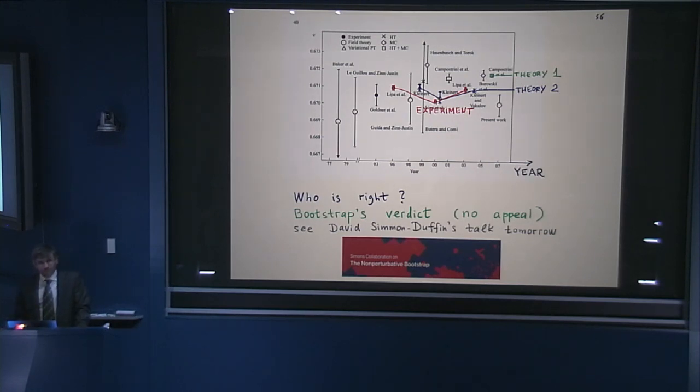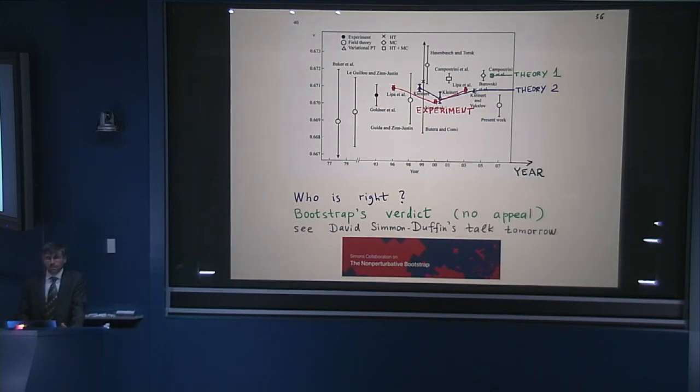One nice thing about the Bootstrap is that if it says something, it's a final verdict. There's no appeal, because even theoretical calculations in physics often have uncertainties which are not fully under control. It's something which people hide under the rug. The nice thing about the Bootstrap is that it's a totally mathematically rigorous method.